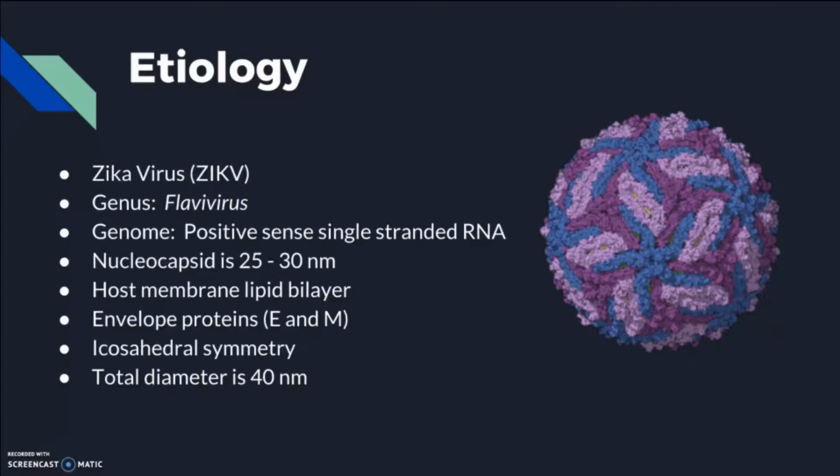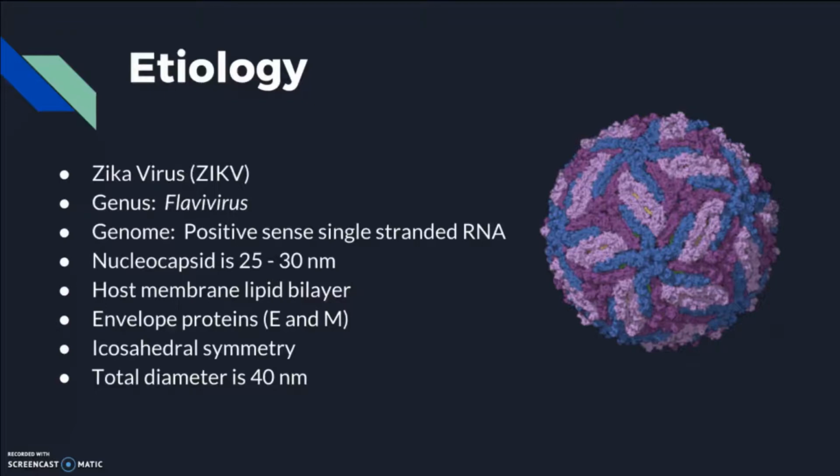The Zika virus comes from the genus Flavivirus. This is the same genus of the virus that caused diseases like yellow fever, dengue fever, West Nile, and Japanese encephalitis. The genome is a positive-sense, single-stranded RNA virus. The nucleocapsid of the Zika virus ranges from 25 to 30 nanometers in diameter.